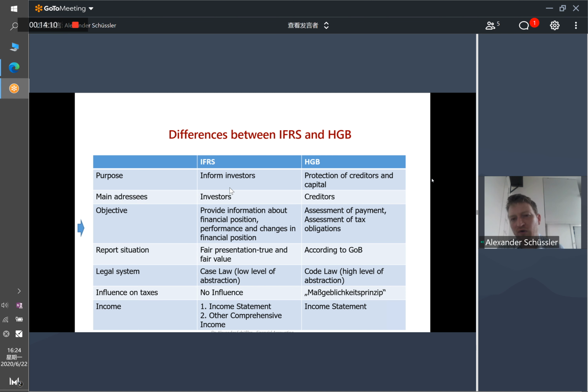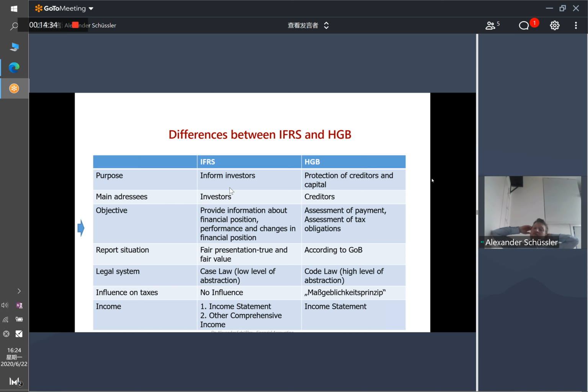HGB was very conservative. Yeah, the Germans' rules were very conservative, and the purpose was the protection of creditors. Yeah, because in Germany, traditionally, banks play a big role, and the standards want to protect those banks.